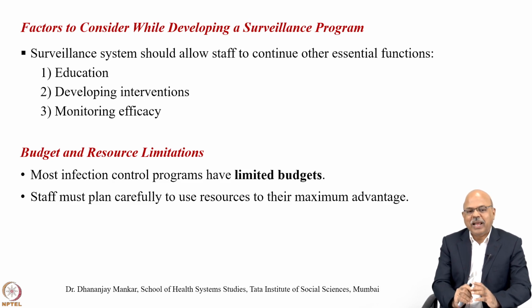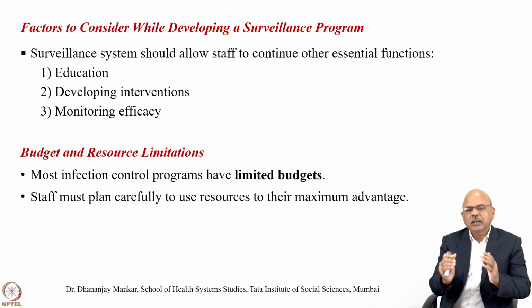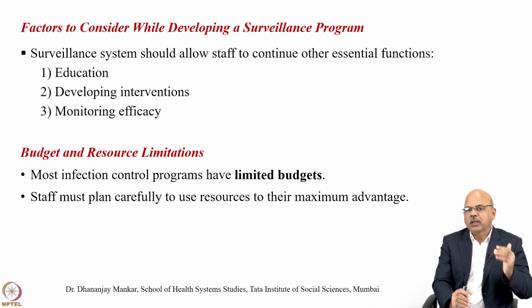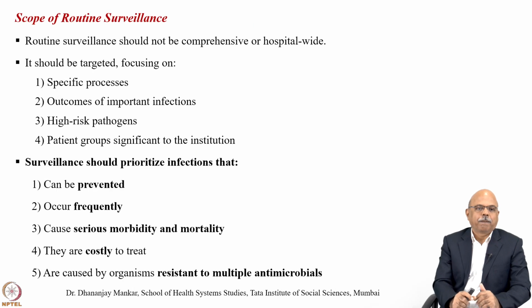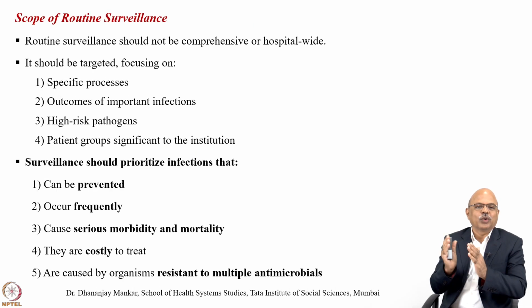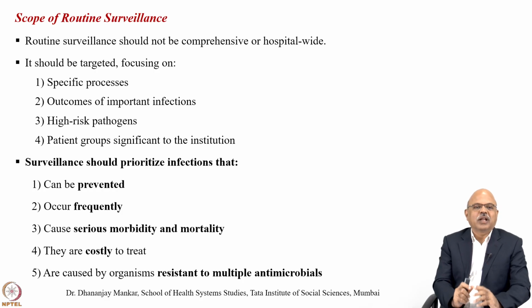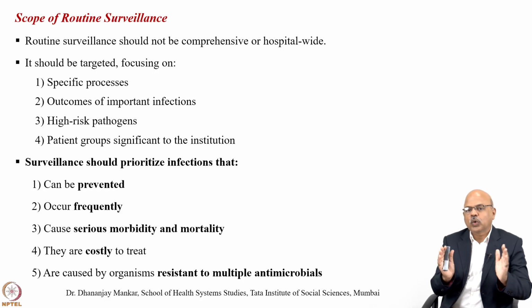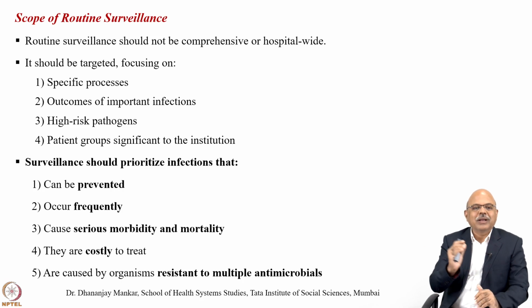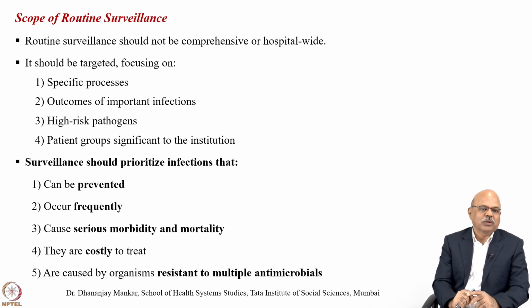The staff must plan carefully to use the resources to their maximum advantage rather than just spending and letting it lapse. So what is the scope of routine surveillance versus targeted surveillance that a hospital takes? Routine surveillance should be comprehensive or hospital wide, not limited to one department. It cannot be seen as an experiment, but rather as a massive campaign across the entire institution.